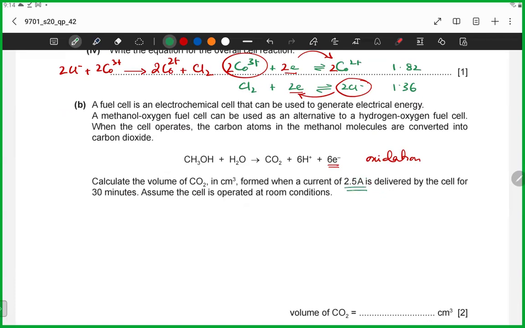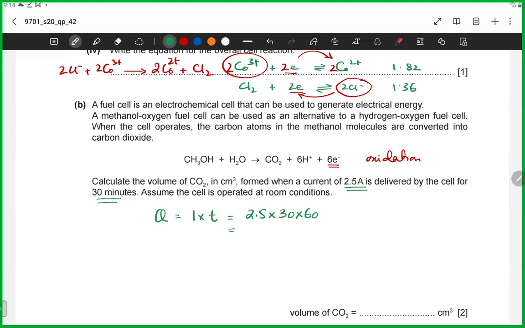So there's a current that's flowing, 2.5 amperes for 30 minutes. We know that Q is equal to I times t, which is going to tell us the total charge. So the current is 2.5 amperes and the time in seconds is 30 times 60, right?